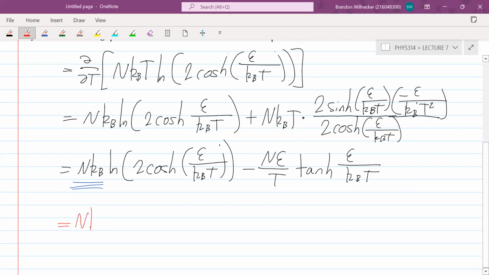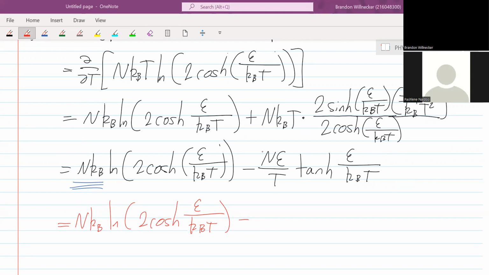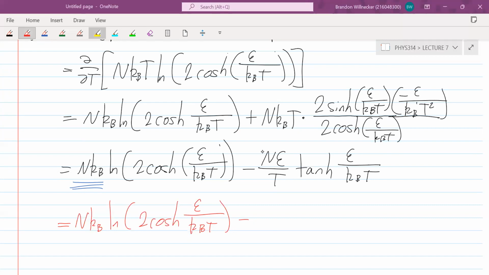So I'm going to write this as n kB, natural log of 2 hyperbolic cosine epsilon over kBT minus, and now for this next term, at the top we've got epsilon and at the bottom we've got T. Now we know that kBT is an energy term, right? kBT has units of energy. Epsilon also has units of energy. But we see that in the denominator, we're missing a factor of kB. So it should be kBT.